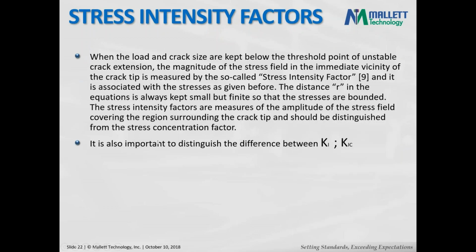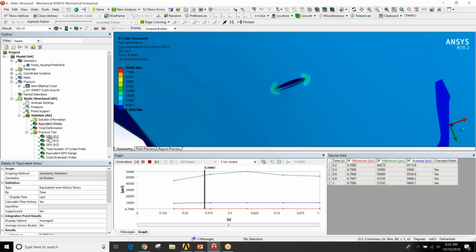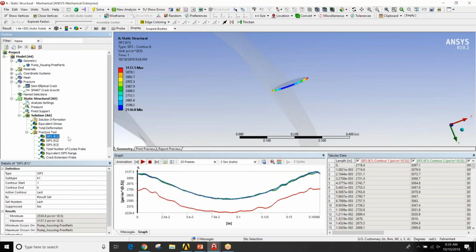So that's how it developed, and it's also important to distinguish the difference between K1 and K sub 1c. K1 is the stress intensity factor at any moment in time, and we have to calculate K1. And ANSYS, by the way, does calculate stress intensity factors.